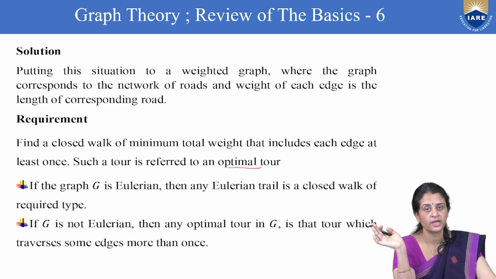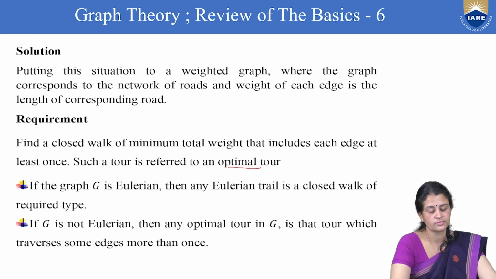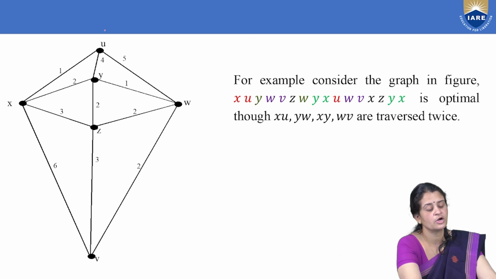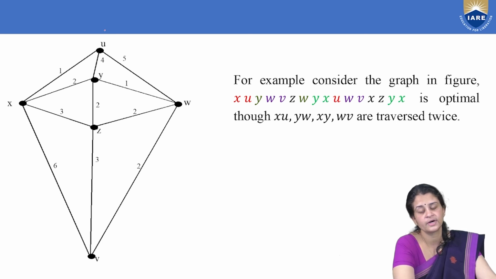Now, if it is not Eulerian, then we need an optimal tour, that is a tour in which we traverse some edges more than once, with less weight. We have to find that. For example, consider this figure with vertices U, X, W, Y, Z, V. These are all connected with these paths.